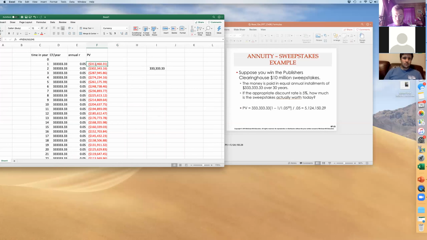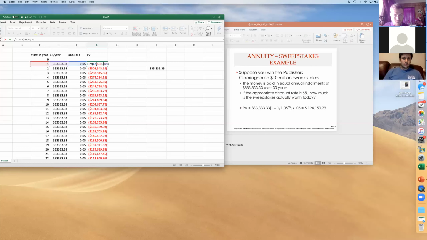I'm going to click on that very first cell, and you can see here my present value. I'm trying to figure out what this lottery is really worth, and my interest rate is 5%, E4, I'm cell referencing. My number of payments, that first payment is 1 year out, so I'm clicking on the 1.